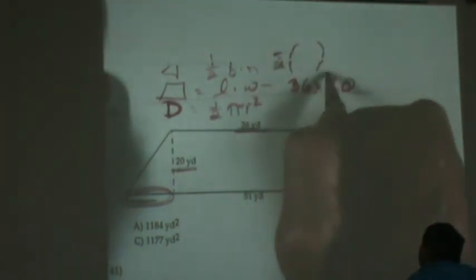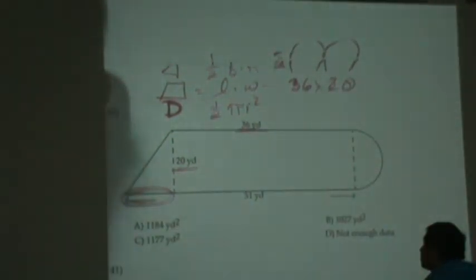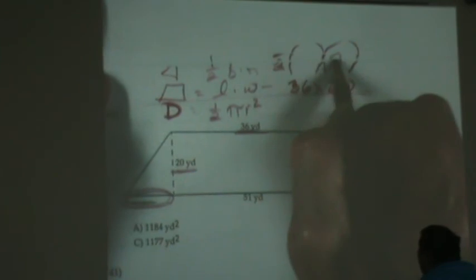The triangle, I think I'm writing on the next page here. Okay, the triangle is 1/2 base times height, so we have 1/2. Uh-oh, we need the base of the triangle. We don't know it. Okay, the base, when we find it, what's the height of the triangle? 20.